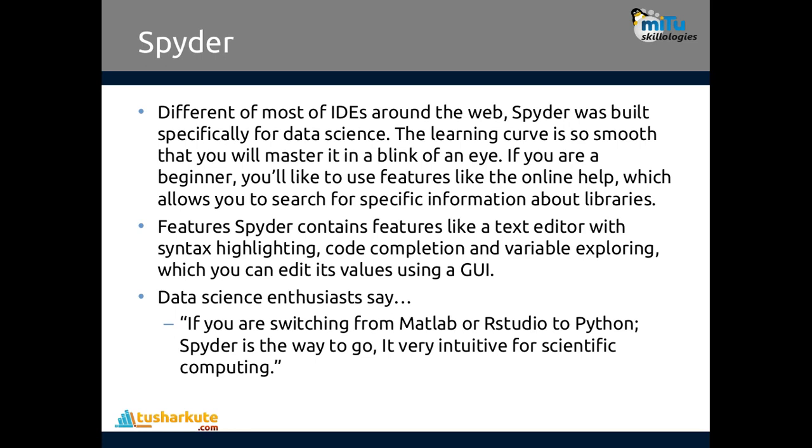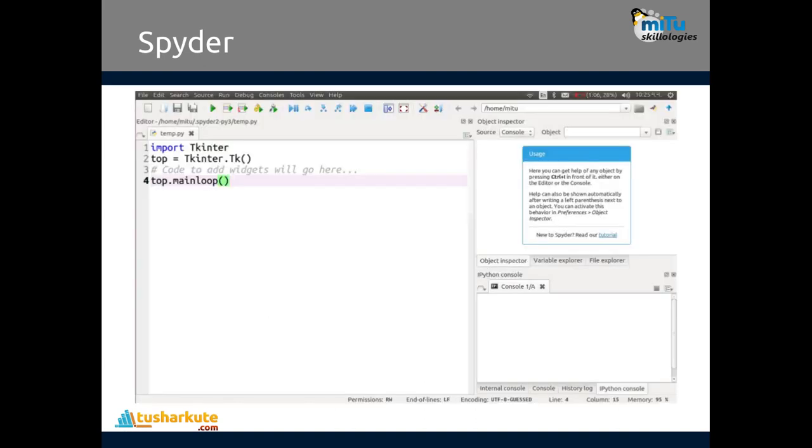Second is Spyder. Spyder is also used by many data scientists very regularly. It's a very commonly used IDE for Python data science and machine learning applications. It looks something like this. Here we have the programming window, and this is the output window. This is what we call the data window. Data values will be visible in this particular part of it.